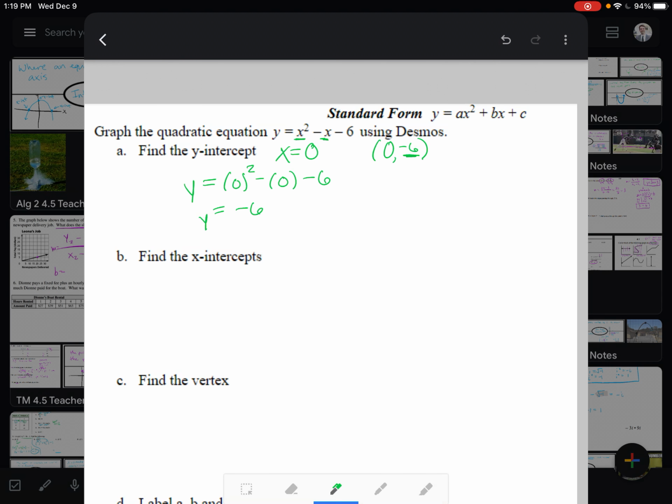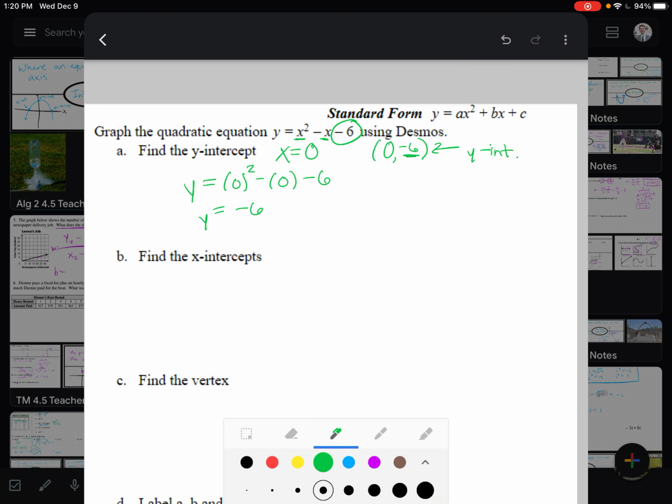So that is our y-intercept. And you can see that here it's just negative 6. It's almost always the number that's by itself without any other variables. We just have to make sure that those x's do cancel out when they equal 0. So it's always good practice to plug in a 0. That way you won't ever be tricked.